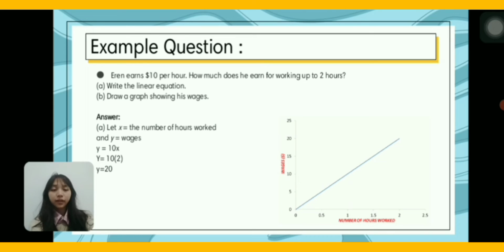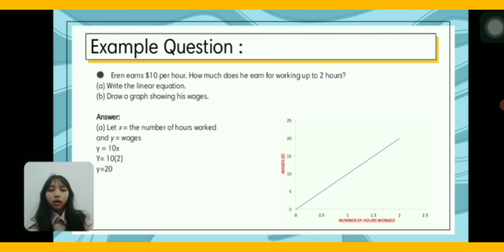The example problem we're going to talk about now is: Aaron earns $10 per hour. How much does he earn for working 2 hours? Let's see with what we know: X equals the number of hours he worked and Y is the wage that he gets.